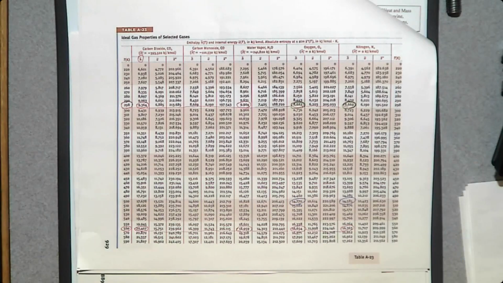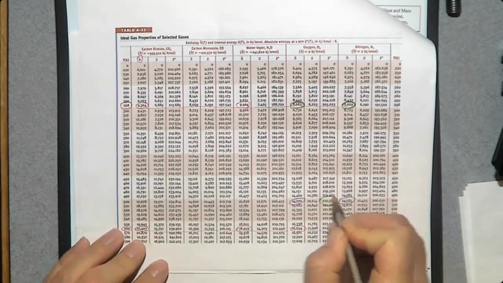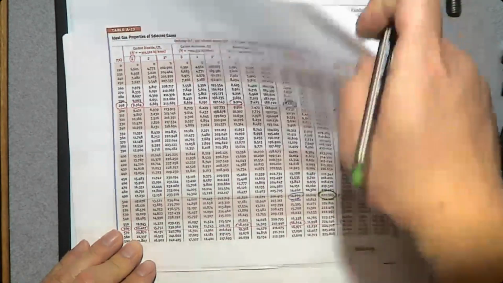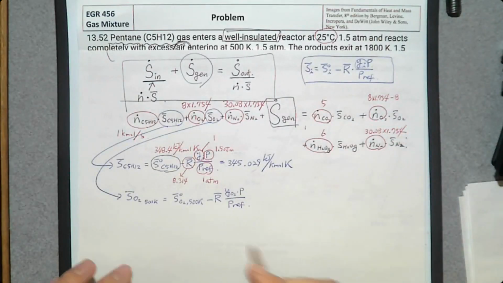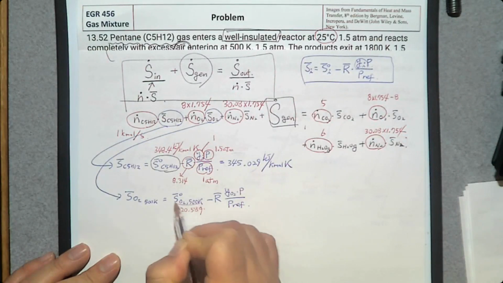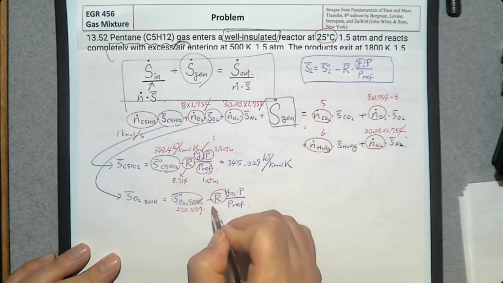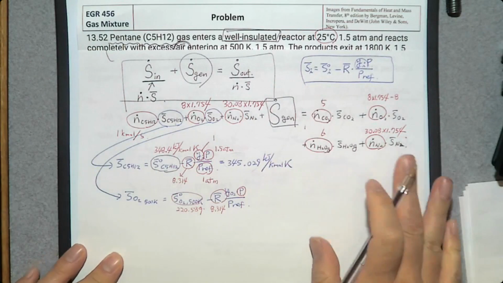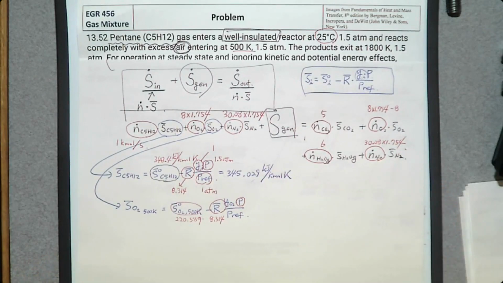So what is the value that we are looking for? 220.589. What is the gas constant? Always 8.314.